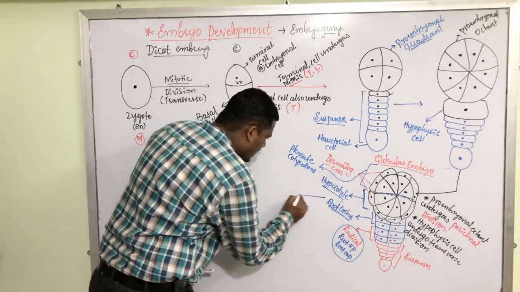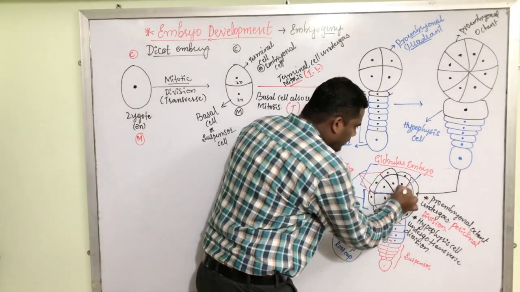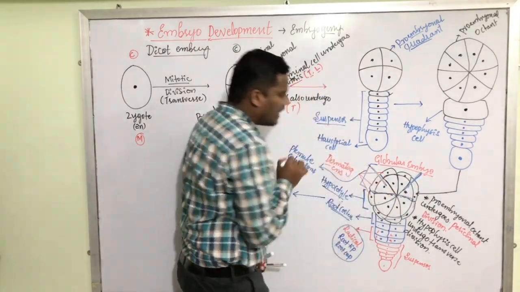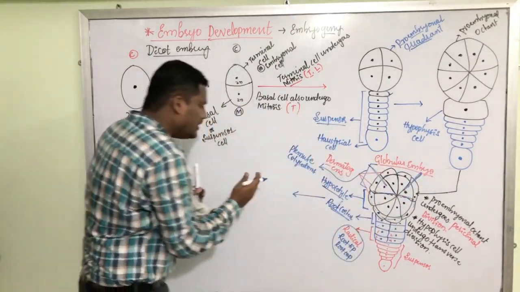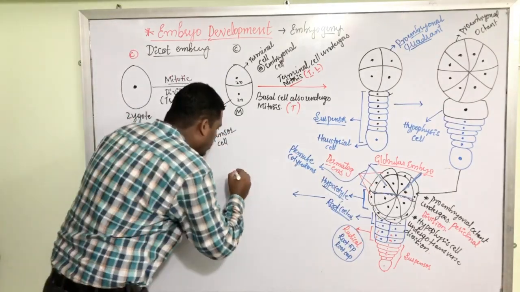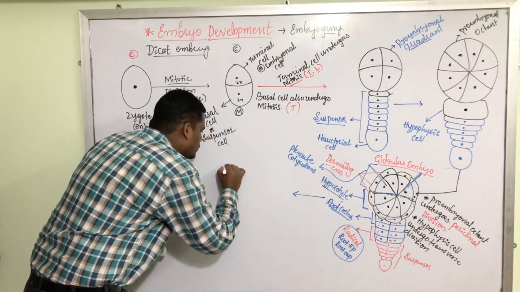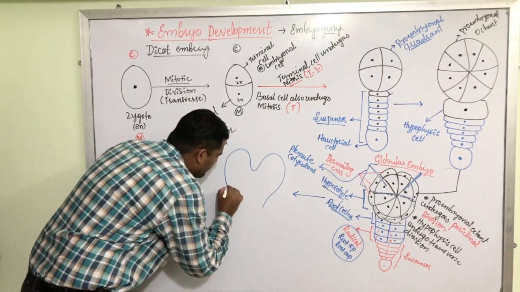After this, the cells at this angle and this angle of the globular embryo, the cells of these two angles, they divide more, and they give rise to a heart shape.